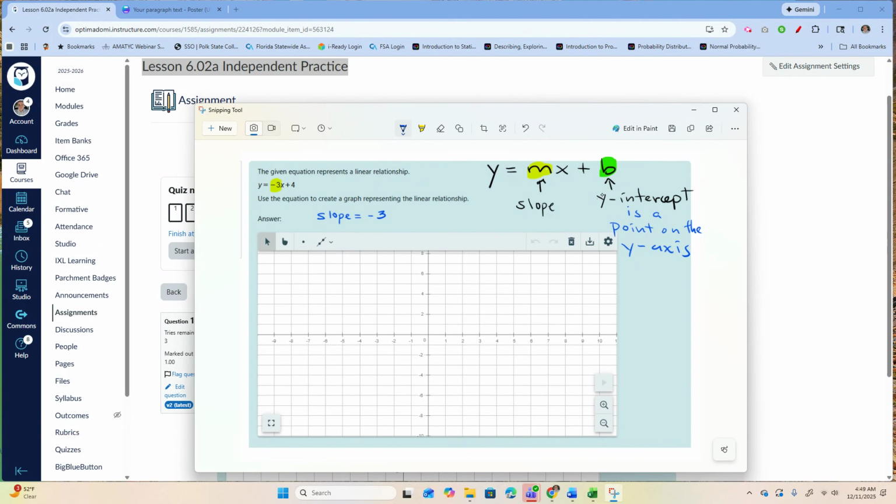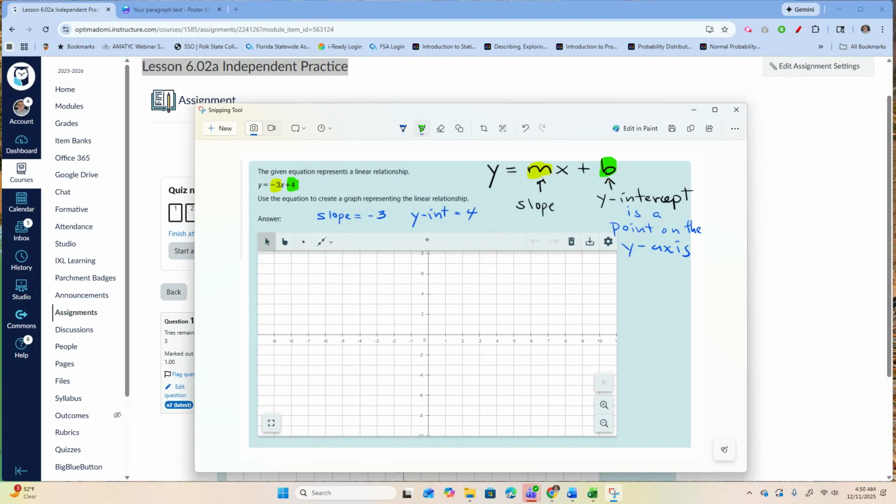And the y-intercept is the number that is adding or subtracting to the x. It doesn't have a letter. It's not next to a letter. It's just a number, a constant. And that will be the plus 4. So here my b, or my y-intercept, is 4.